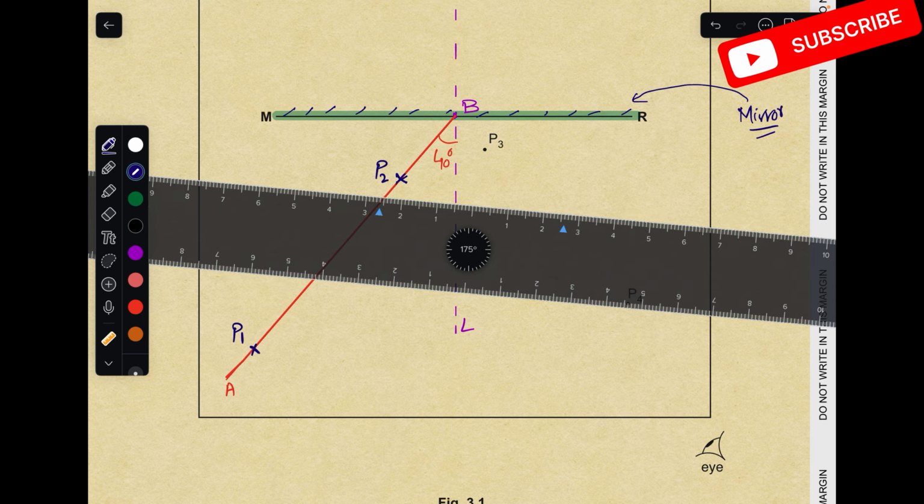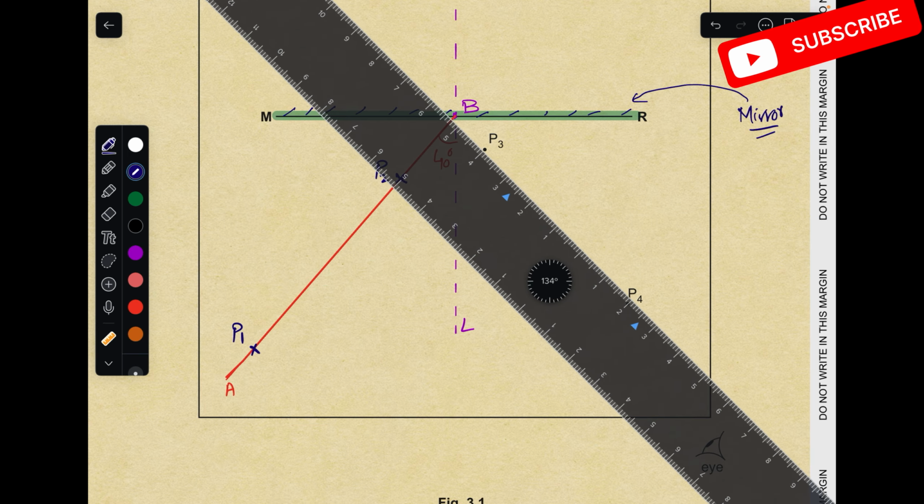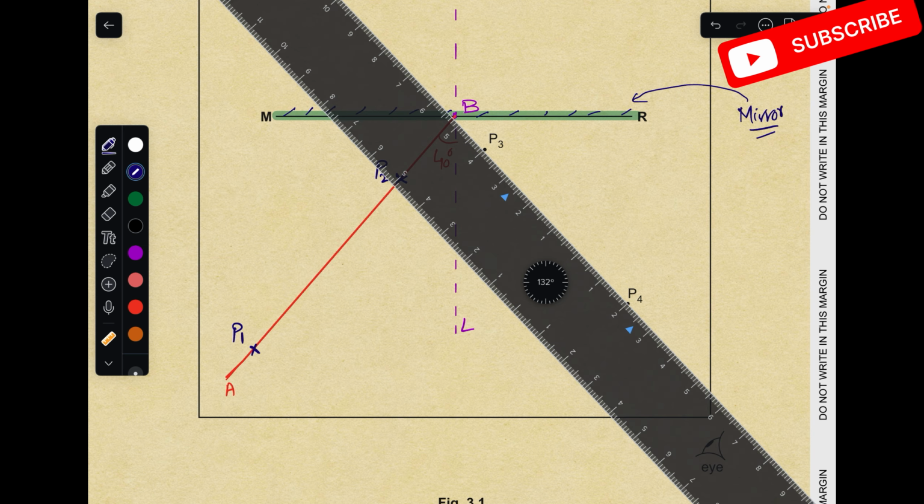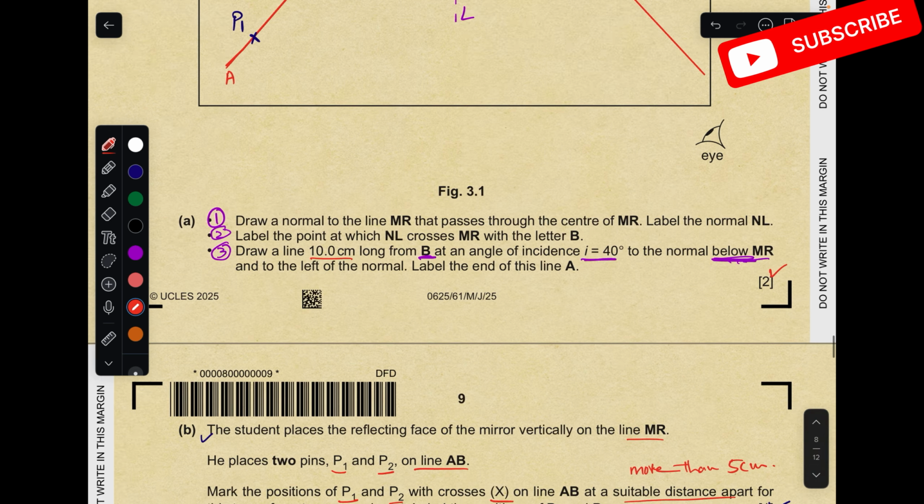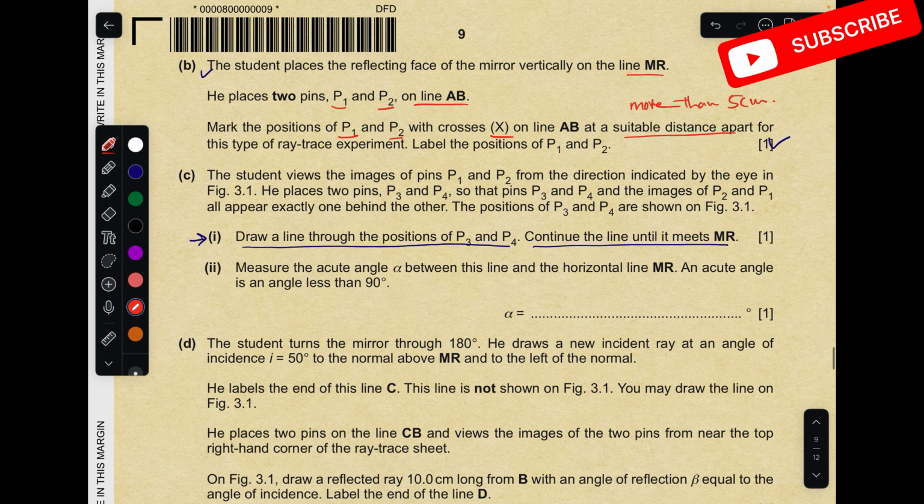You just have to draw a line. They haven't told us how long it should be, so you can draw it of any length. I'm doing it like this. Okay, so there you go. They haven't told us how long it should be, so you can draw it anyway.